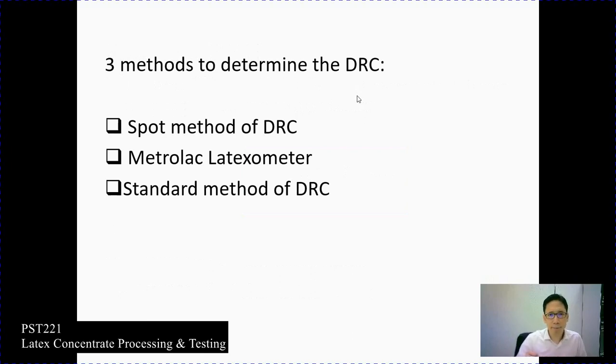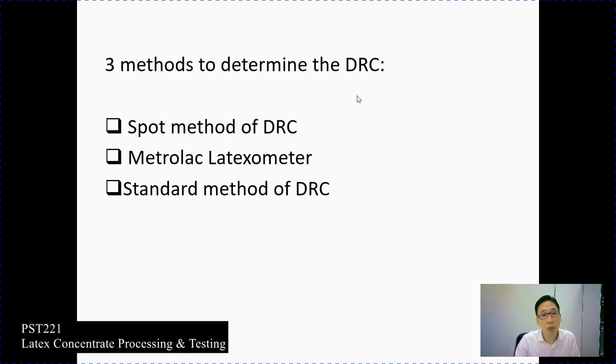Previously, in the video that I prepared for the laboratory, we did cover two methods of the DRC. The first one is the spot method. Although it's not very accurate, it will give you a rough idea of your DRC values. The most commonly used is the standard method of DRC, and it is the most accurate.